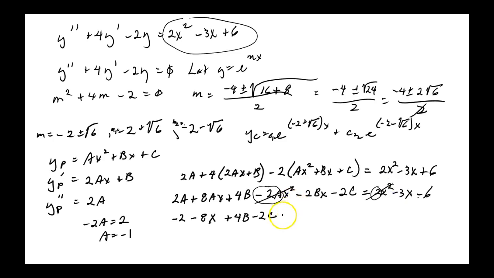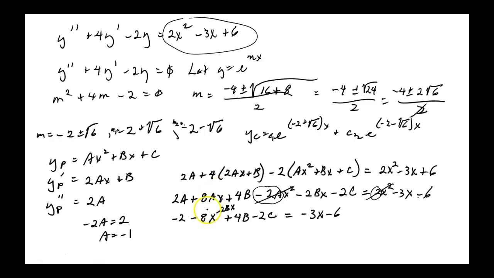And this will be minus 2bx, so let's put that with this one, minus 2bx, okay? And that's supposed to equal negative 3x minus 6. Sorry, I should have combined this 2 with that one. We'll do it in a minute.